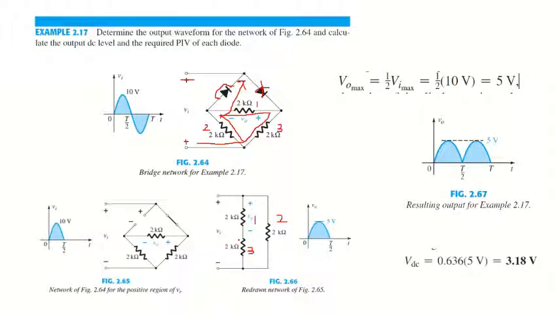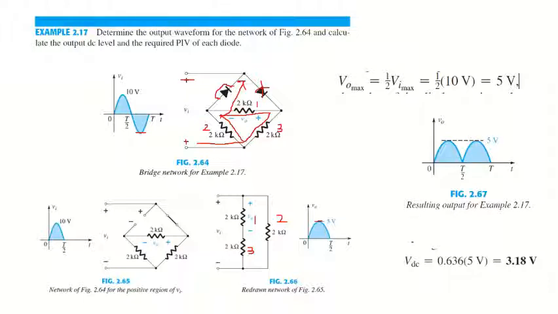So again apply the voltage divider rule, which is 10 into 2 kilo ohms divided by 2 plus 2 kilo ohms. This is again 5 volts. So for the lower lobe, or the negative half cycle, again we are getting a peak of 5 volts.